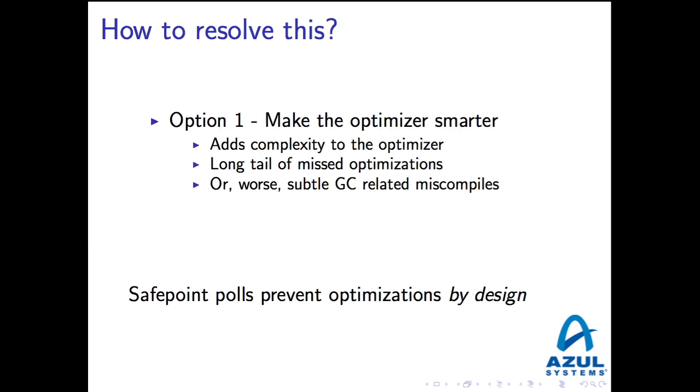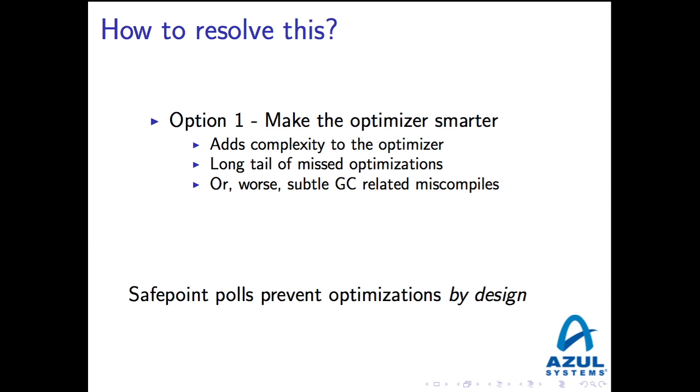Now, this is the problem we have to figure out how to resolve. The obvious option here is to start teaching the optimizer piece by piece about the semantics of a safe point. This has some unfortunate consequences, and it adds a lot of complexity to the compiler.